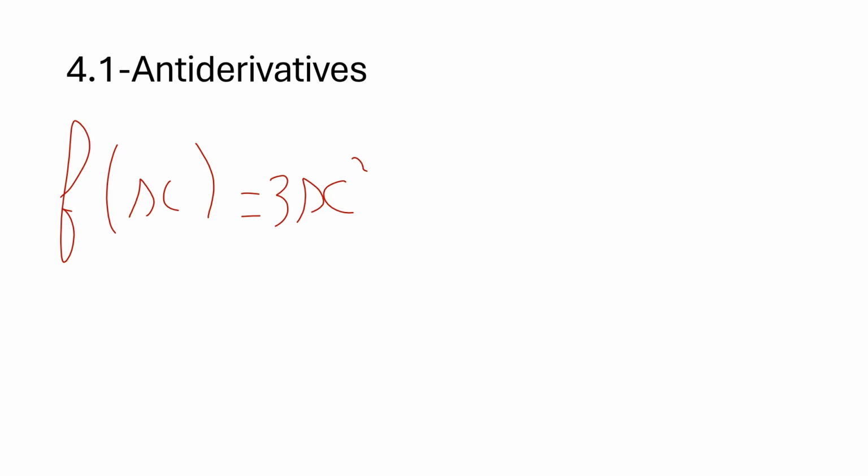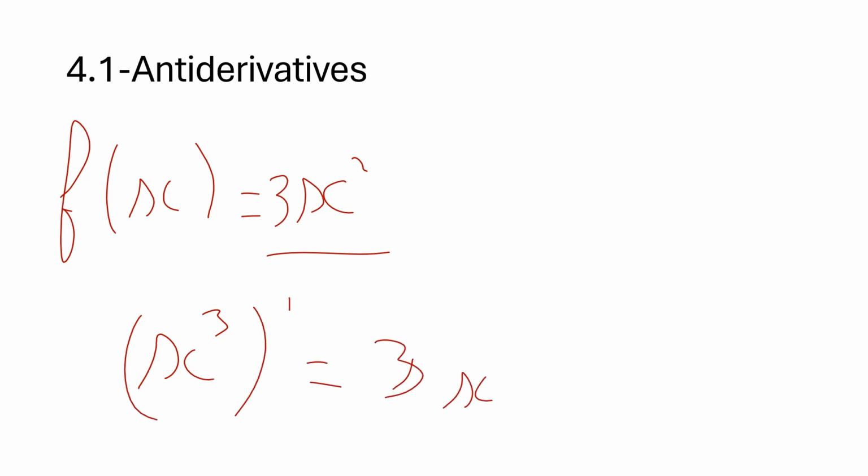That original function that we differentiated first before reaching 3x squared. Using our prior knowledge, we can see that 3x squared might have come from x cubed. If we were to differentiate x cubed, we'll end up with just 3x squared. And that's really what we have here. So we can say that x cubed is one of the antiderivatives of 3x squared.